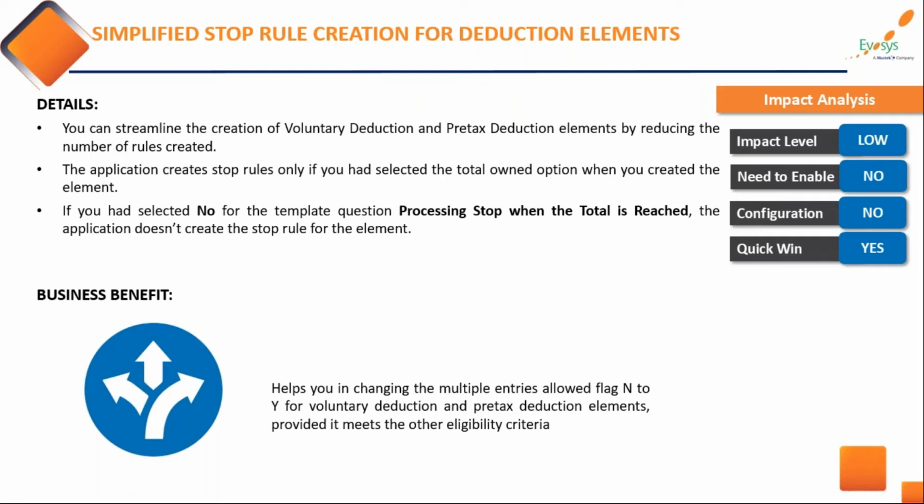But now you will be able to change these flags, provided it meets all the eligibility criteria. So I would say the impact level is low to medium. For certain customers, it might impact significantly. No need to enable and no need to configure it. It is also a quick win.